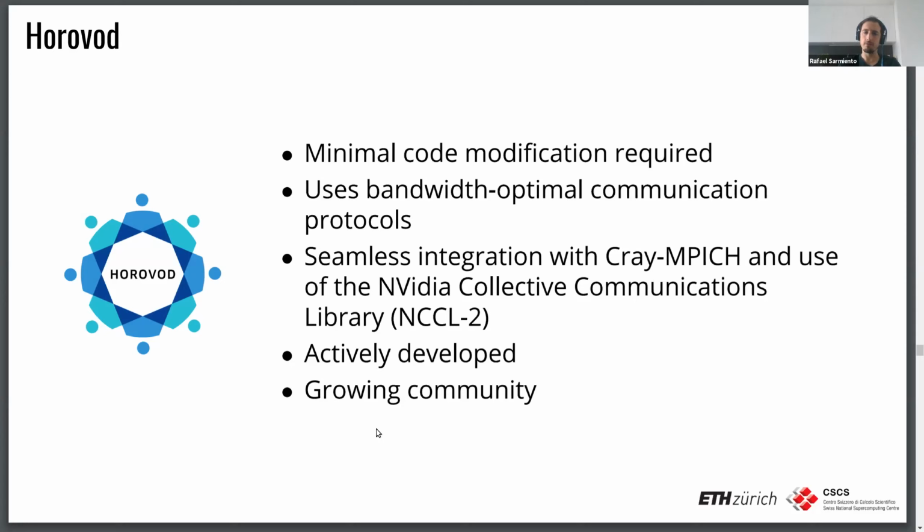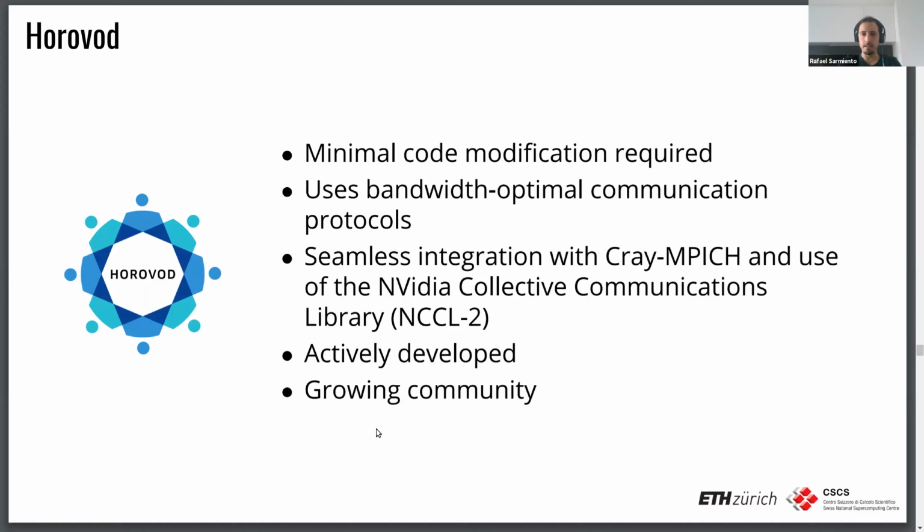Horovod is written in C, is well written and optimized, uses bandwidth-optimal communication protocols, and it's very sophisticated. And a very good thing for Daint is that when we installed it, it was very simple to set it up with Cray and Piz. We didn't have to do anything actually.